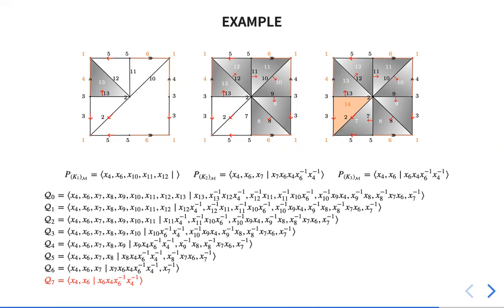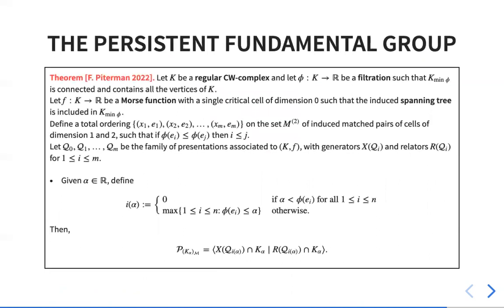This is the toy example, so perhaps this filtration is just a fake filtration that I used to show the algorithm. And well, so this is the statement that says how to compute all these intermediate presentations.